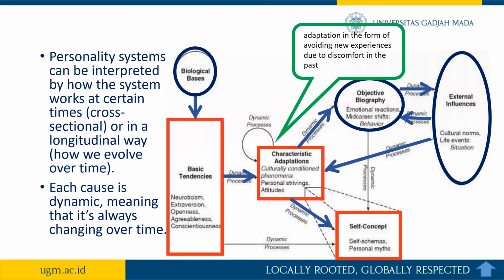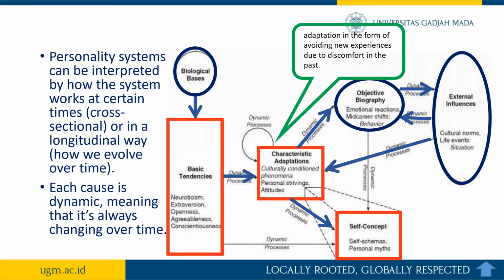And then this circle arrow, why is there an arrow that comes to itself in characteristic adaptations? This is when we adapt in the form of avoiding new experiences due to discomfort in the past. So maybe we experience something new, but we don't want to change our behavior based on that new situation because maybe there was discomfort in the past.